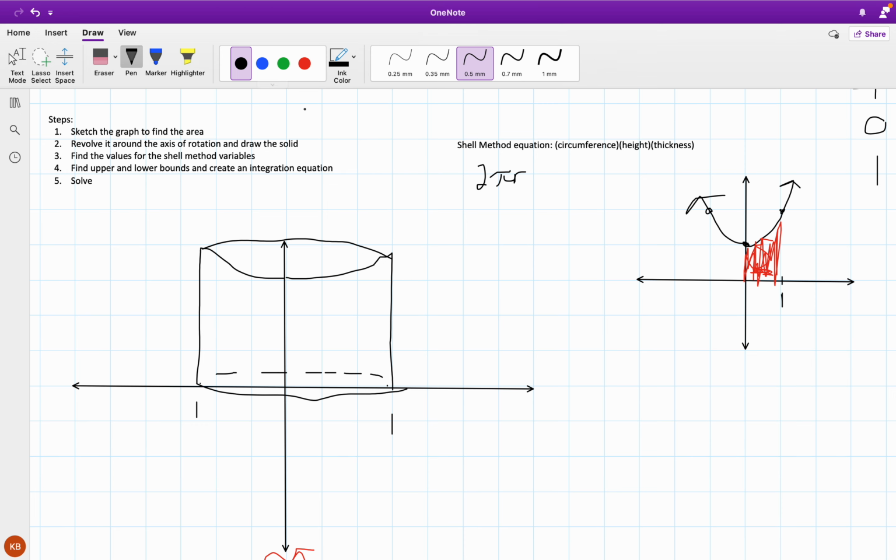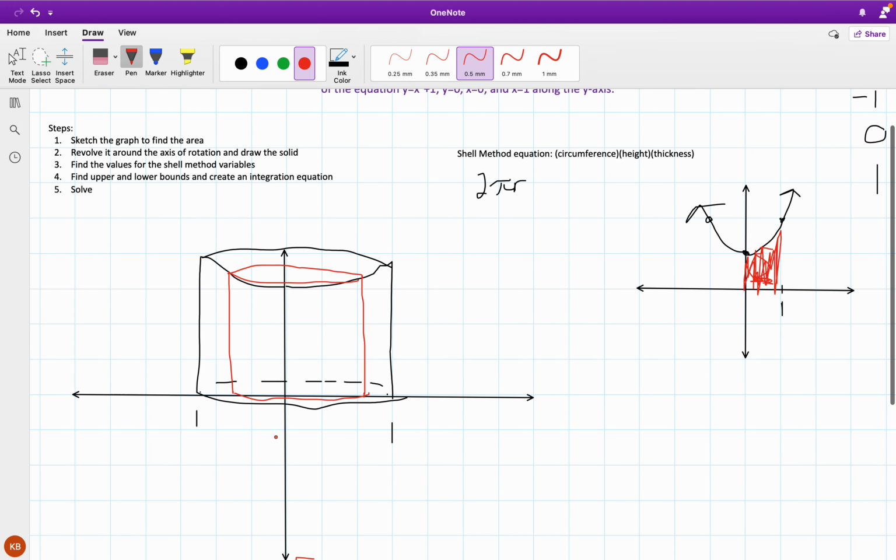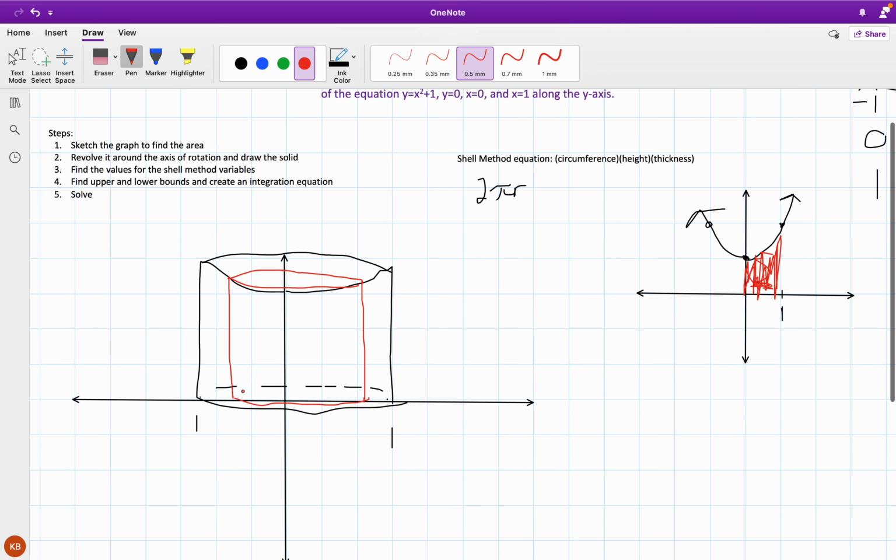For reference, we're going to sketch it again, a smaller figure, because we integrate, because it's cross sections of little solids that add together. And when you're using the shell method, the sides are always parallel to the axis of rotation, which is y. Alright, so this is one of the figures we look at.